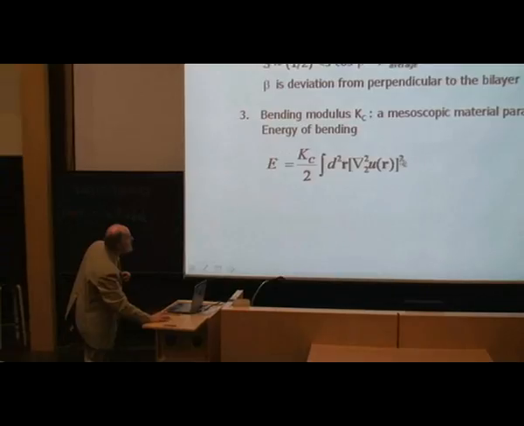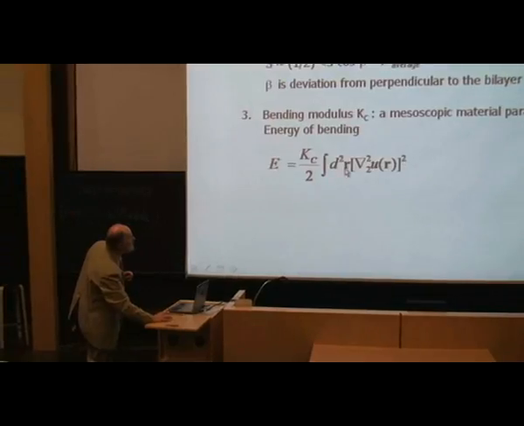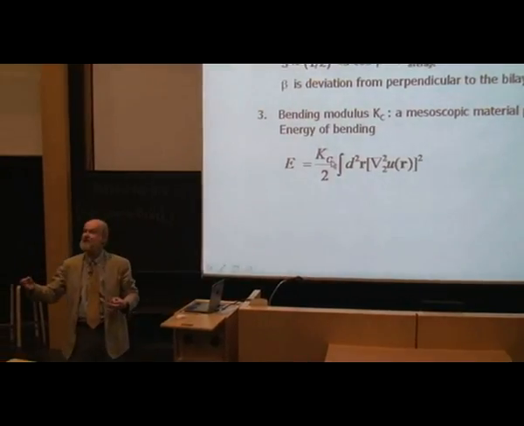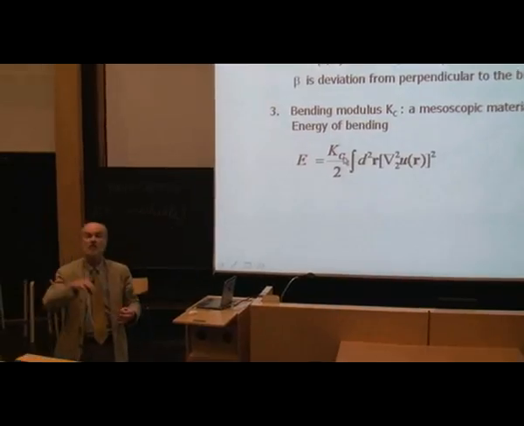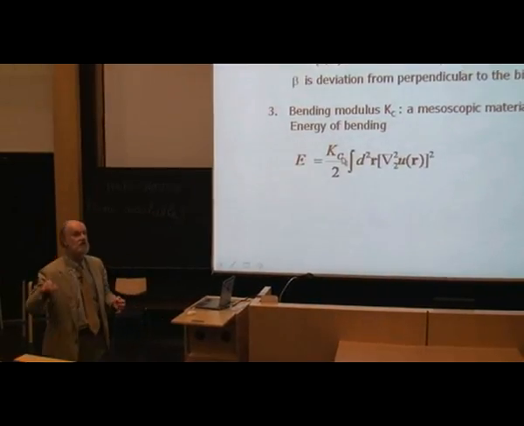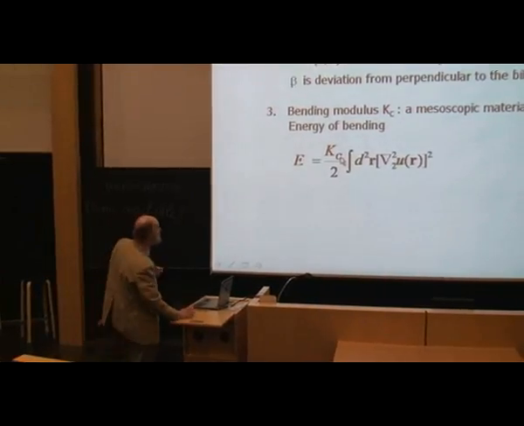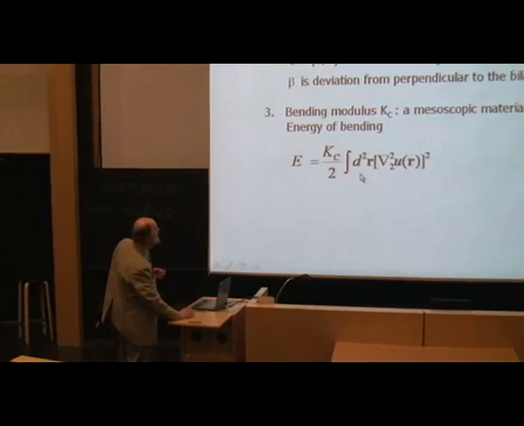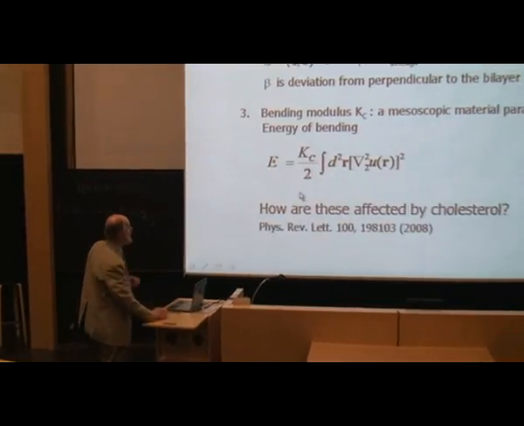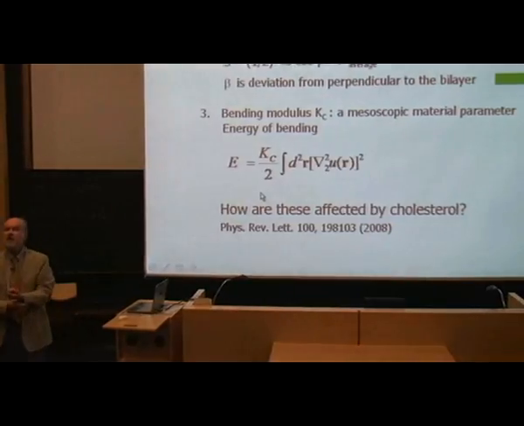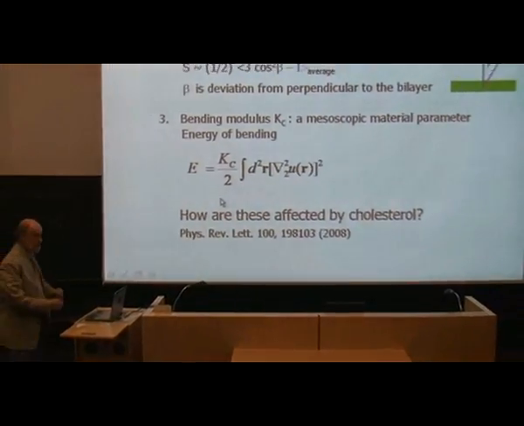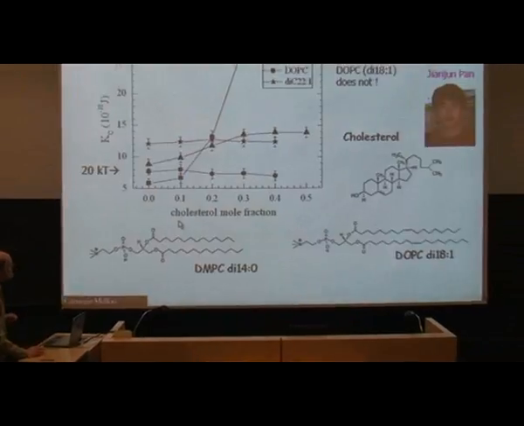If you integrate that over the whole surface, there's still a phenomenological parameter, Kc, which depends upon the lipid molecules in the system to begin with. So what we're measuring is this Kc for the energy of bending. And the question then is, how are these properties affected by cholesterol in those different lipid molecules?